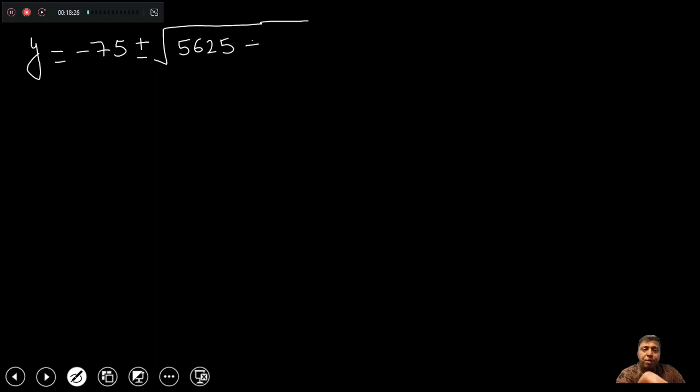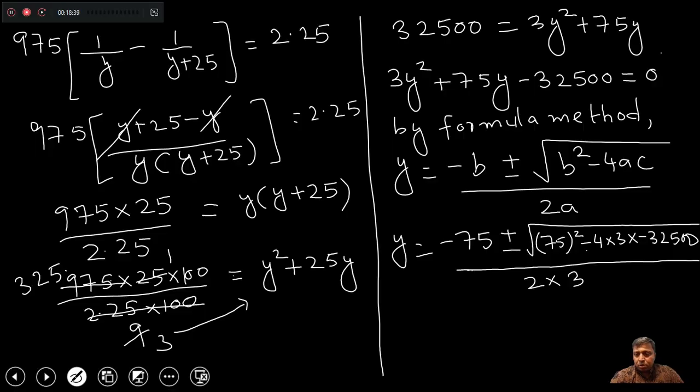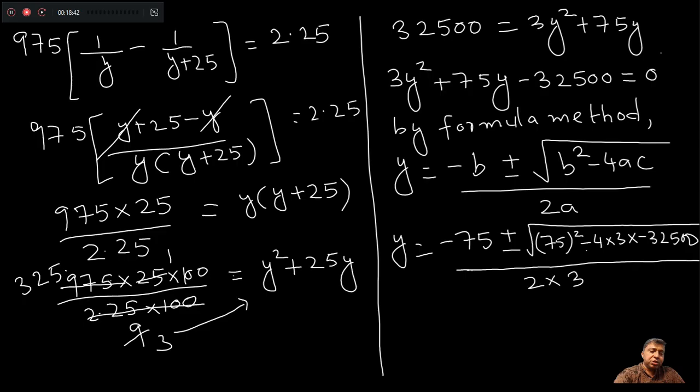So y is equal to negative 75 plus minus square root of 5625 plus what we had was 12 into 32500. I'm going to check it once again. 32500. That's correct.